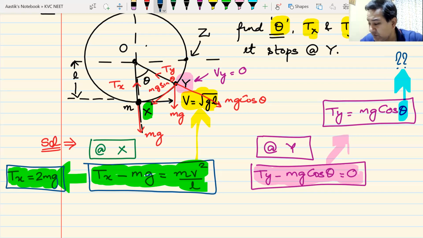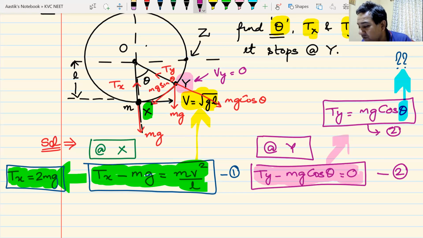Let me name this equation so that it becomes easier to understand. This is equation number 1 and this is equation number 2. So if I get to know either theta or Ty, I can use equation number 2 to find out the value of the other quantity.